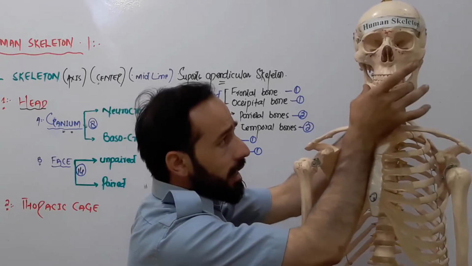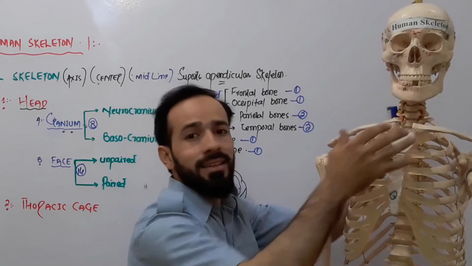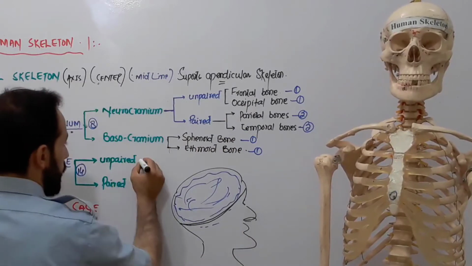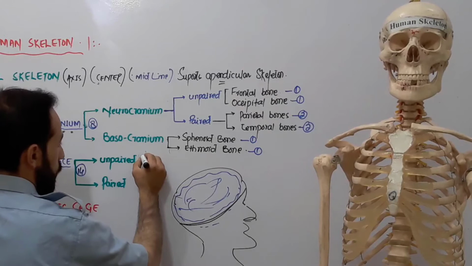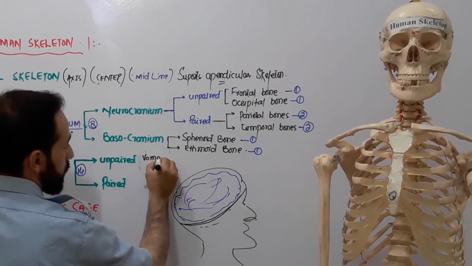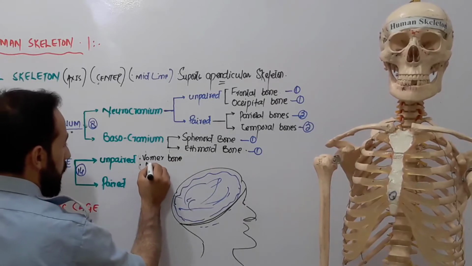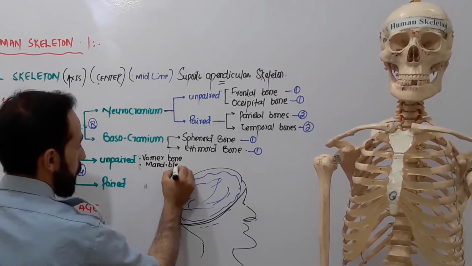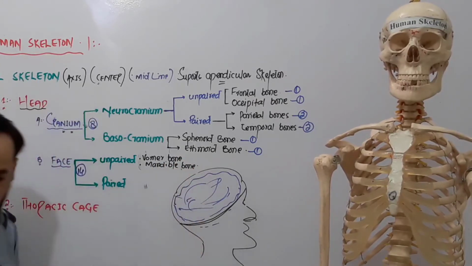So vomer bone and mandible bone are the unpaired bones of your face. Let me write them here. One is vomer bone and the second one is mandible bone, right? These are the unpaired bones.